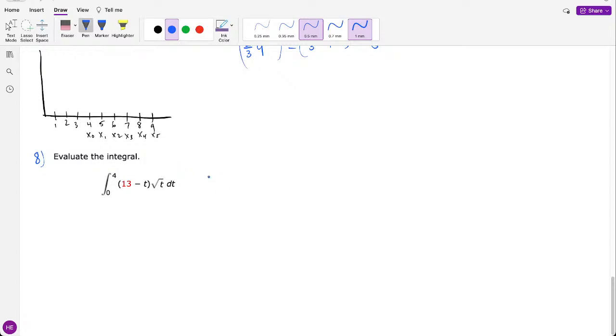Because it kind of makes sense to say, like, t to the half power. That's the t squared here. And then just bring this up. Hmm. I'm just thinking about it.